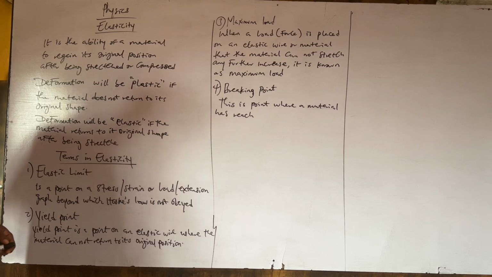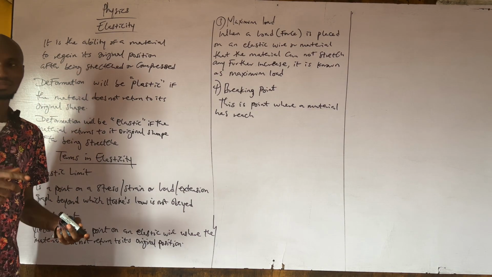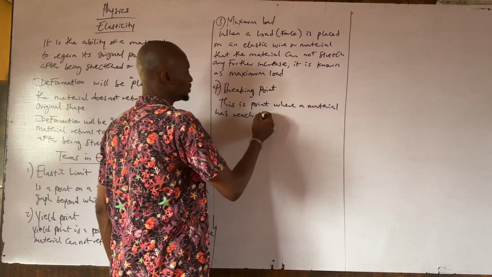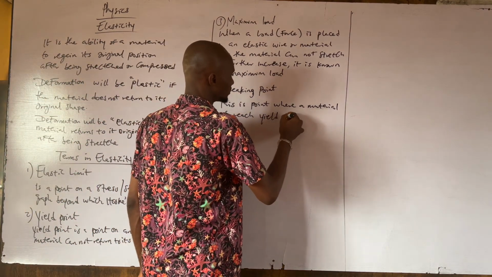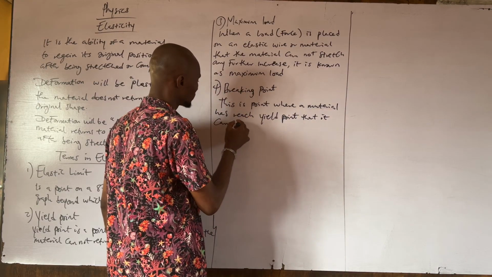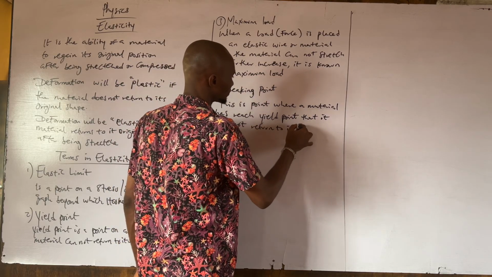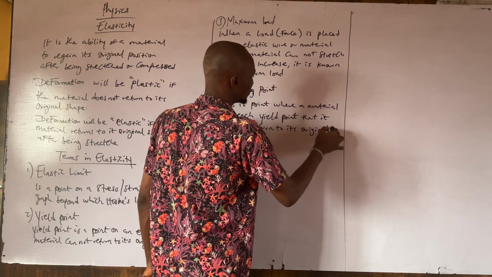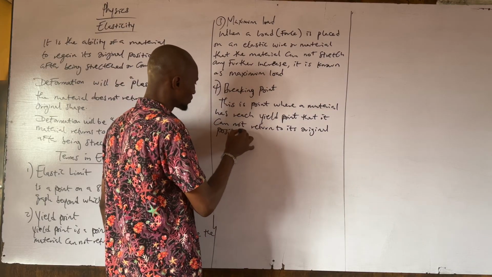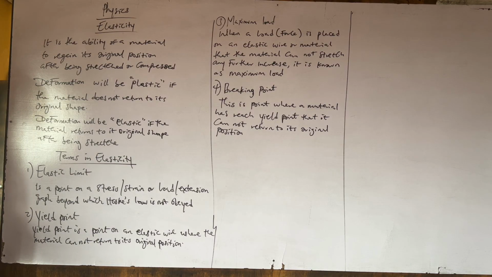It has broken away from its original position. It cannot return to its original position. We can also say that it is when a wire breaks away from its original position and has reached yield point, beyond yield point.